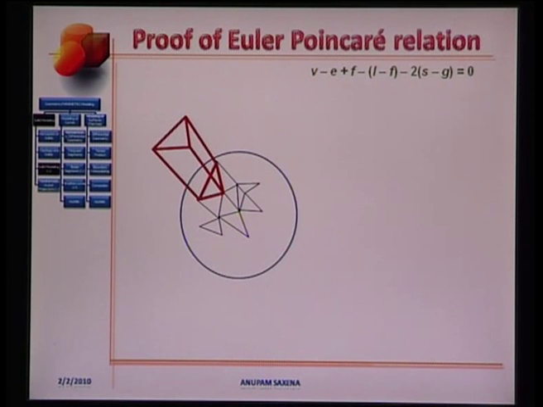And we have additionally introduced 3 vertices. So in this Euler relation, we have 3 additional vertices, 6 additional edges, and 4 additional faces, because of which the right hand side becomes 2.